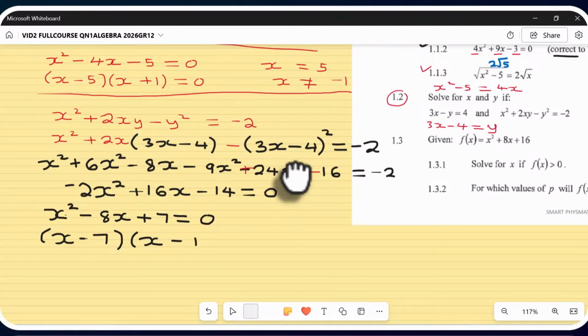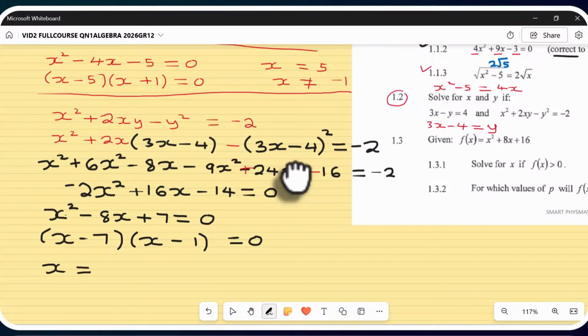The other side, we'll use 1 now. We're going to get our y equals to 3 times 1 minus 4, which gives us negative 1.